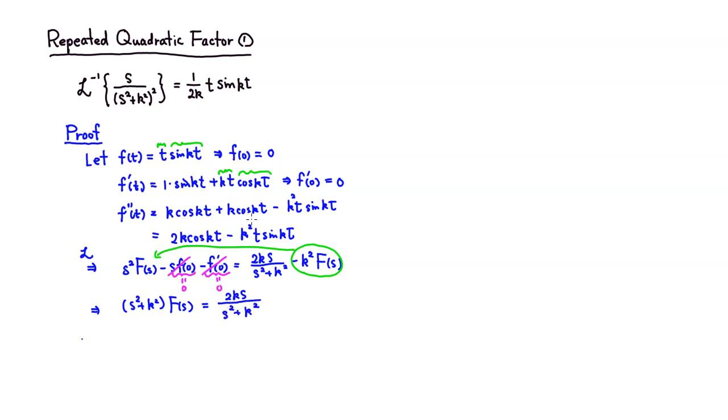All right, then we can simply divide through by quantity s squared plus k squared.